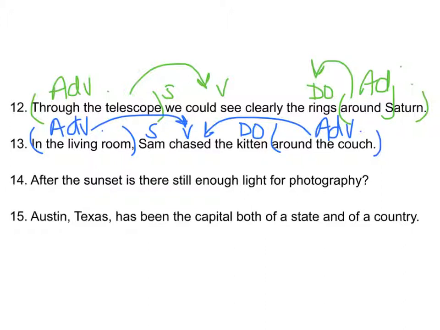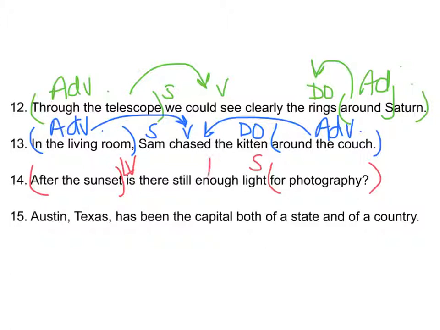All right. After the sunset, there is still enough light for photography. Looking at questions, the sentence gets a little tricky. So let's turn it around a bit. There is still enough light is kind of what we're working with here. So the verb is, who or what is, light is. Light is what?